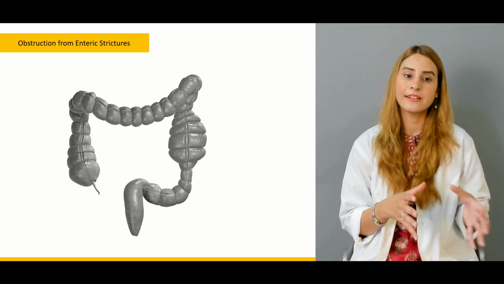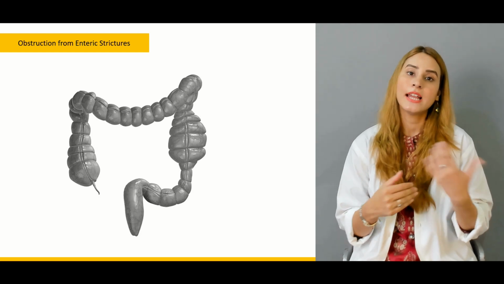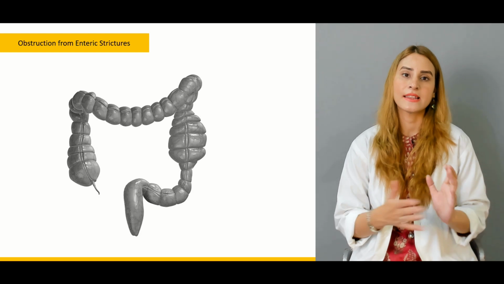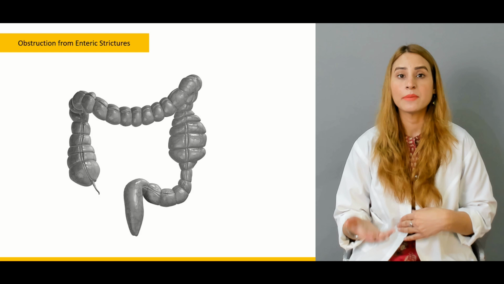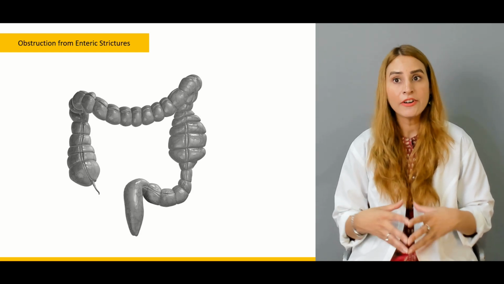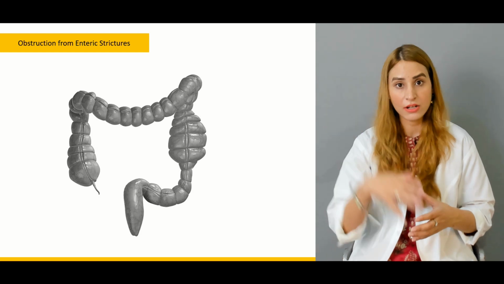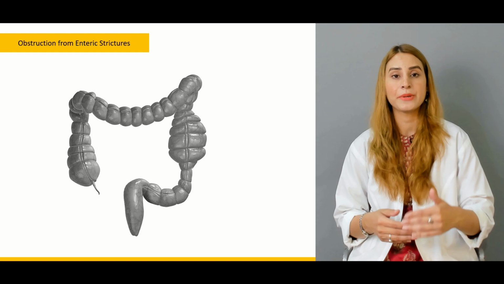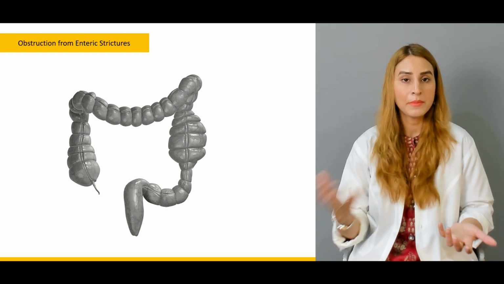So if we particularly talk about the enteric strictures, they can occur after acute gastroenteritis that is not resolved for a long time, so there can be stricture formation as well. There are some inflammatory bowel diseases like ulcerative colitis and Crohn disease, but most specifically Crohn disease, where there's a lot of stricture formation because it's a chronic inflammatory process, right?